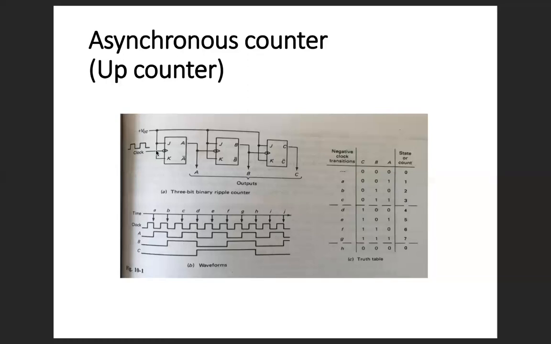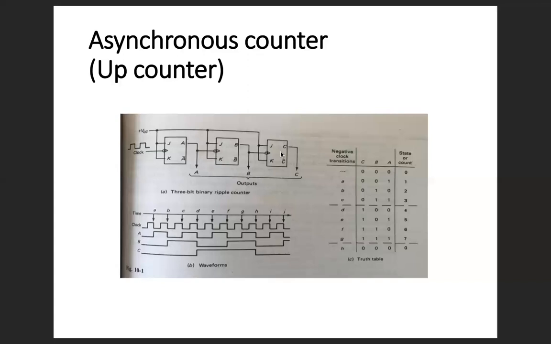If you focus out here, the clock signal is given only to the first flip-flop. There is no clock given directly from the clock signal to flip-flop B, and similarly to flip-flop C. Instead, the clock is given from the output of the first flip-flop to the second flip-flop to the third flip-flop.